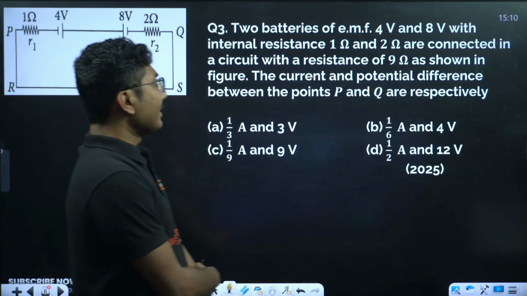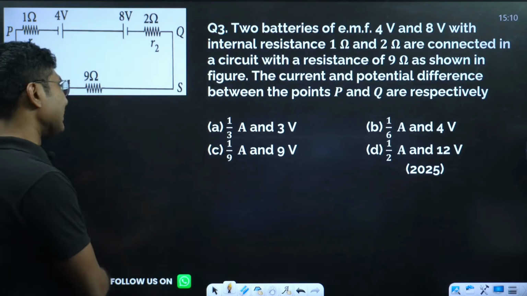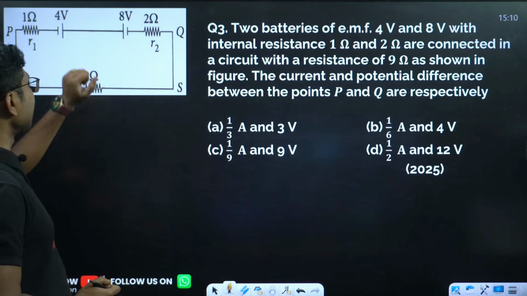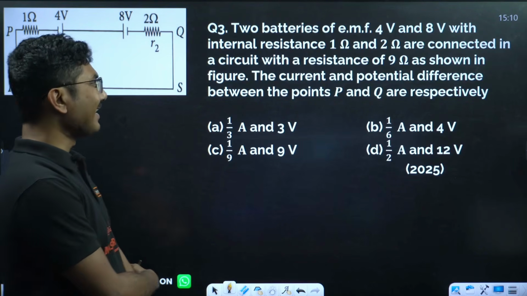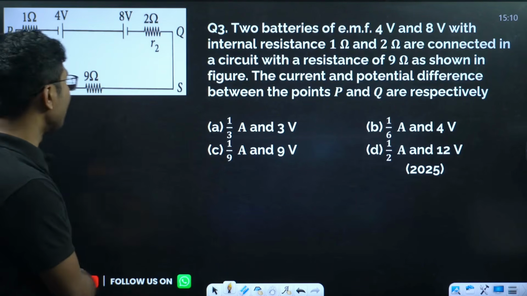Now next question. Two batteries of EMF 4 volt and 8 volt with internal resistances 1 ohm and 2 ohm are connected in a circuit with a resistance of 9 ohm as shown in the figure. The current and potential difference between the points P and Q are respectively.